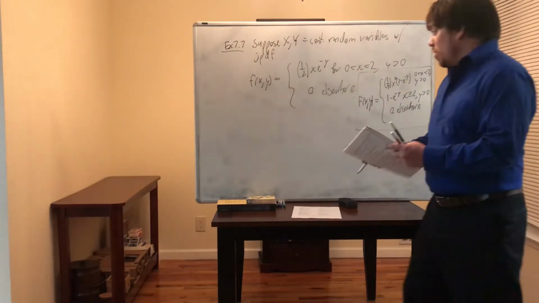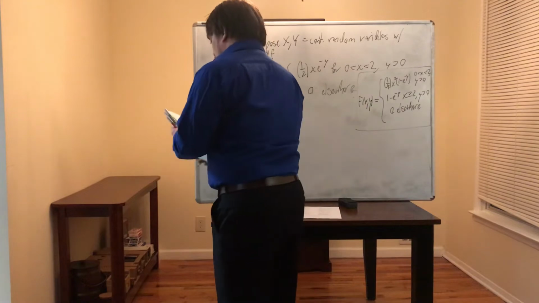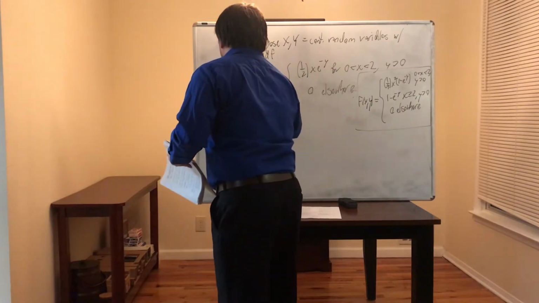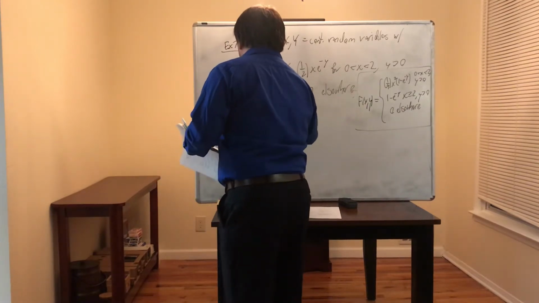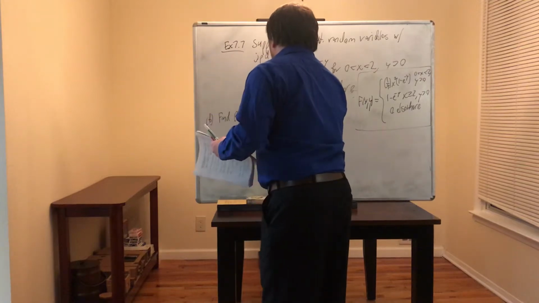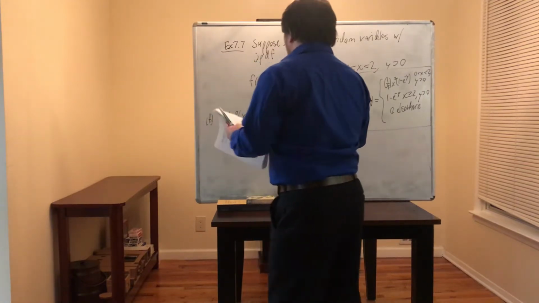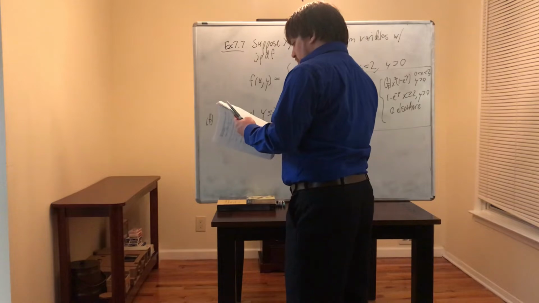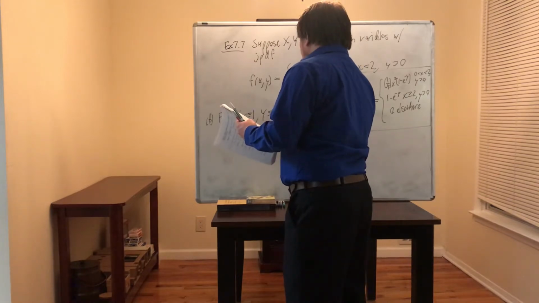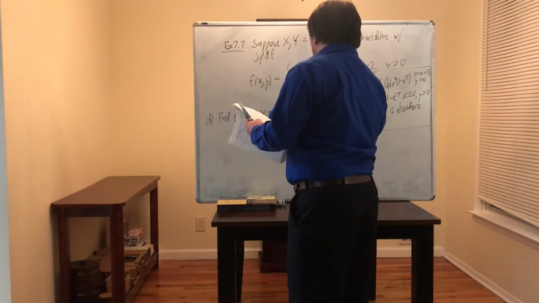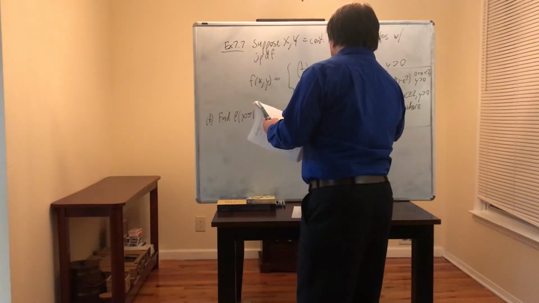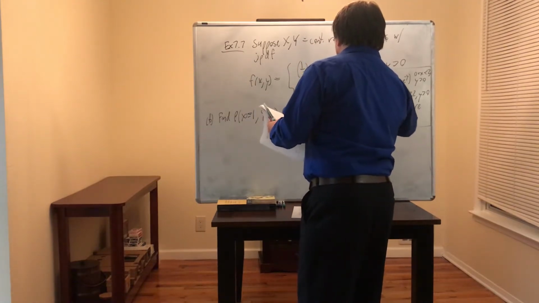Okay, and so part B, we're going to find the probability that x is less than or equal to 1 and y is less than or equal to 2, and the probability that 1 is less than or equal to x, less than or equal to 2, and 3 is less than or equal to y, less than or equal to 4.